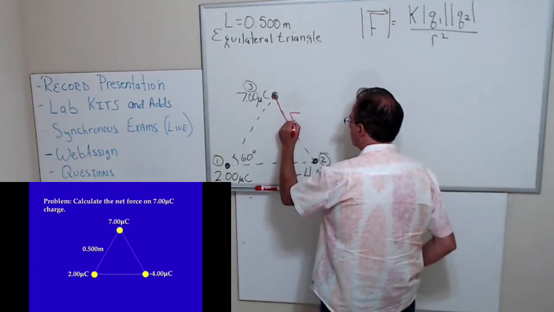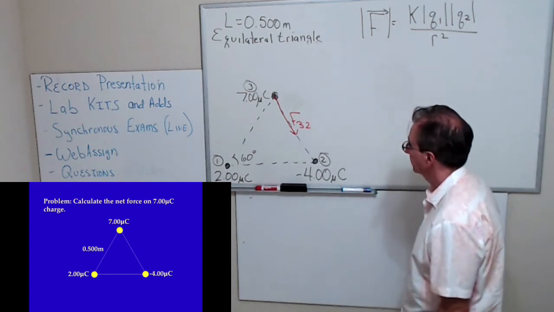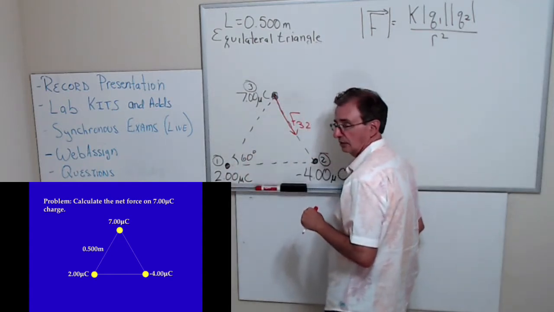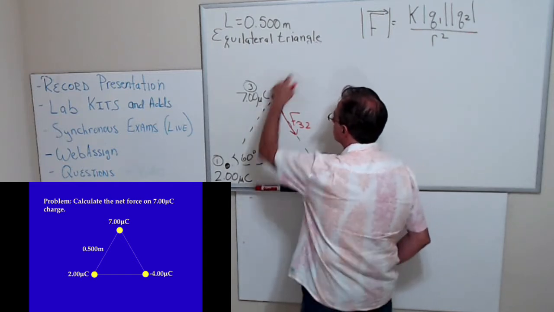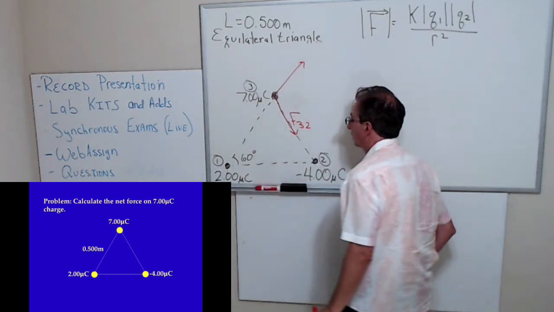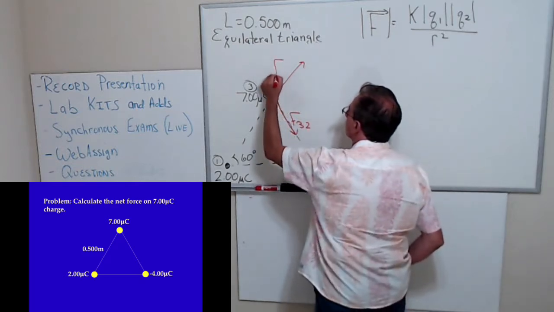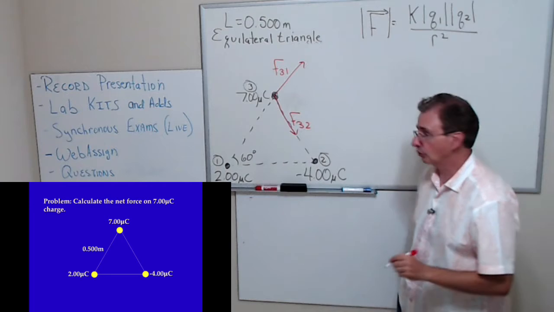So I'm going to write it like this. When you look at these two objects, they repel each other. So this top object is going to want to move upward. And I'm going to call this F3,1. This is the force on 3 due to 1.